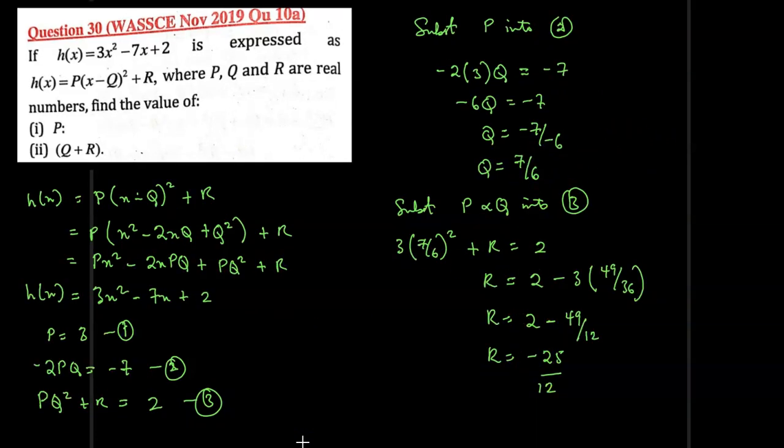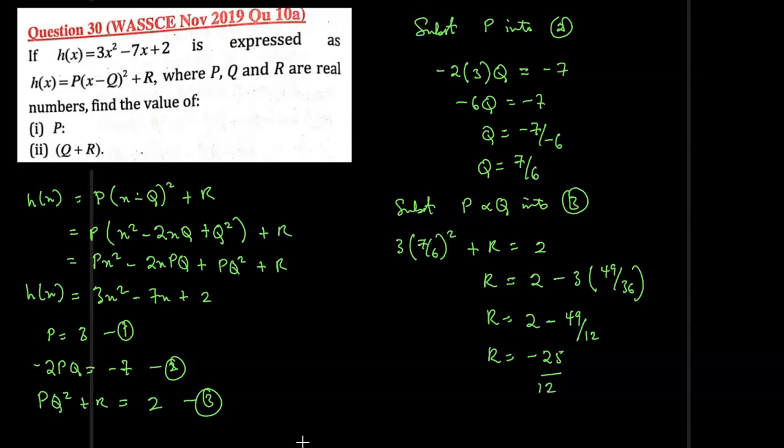So my dear students, I'll be very glad if you practice as many worked examples on this concept of quadratic function, how to write it in vertex form, and also how to use it to determine the maximum and minimum values of the quadratic function.